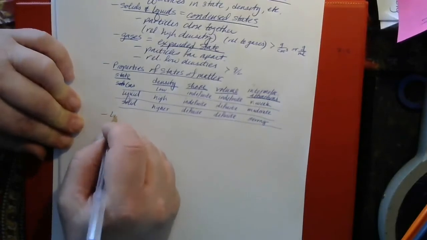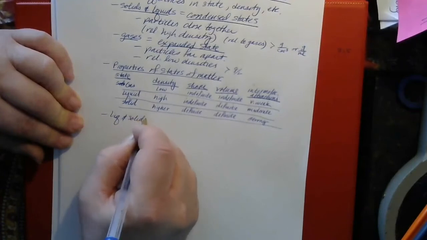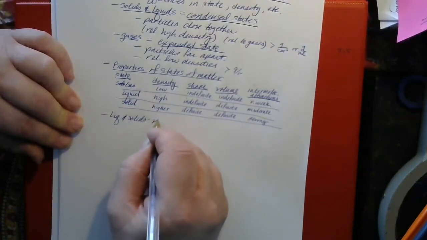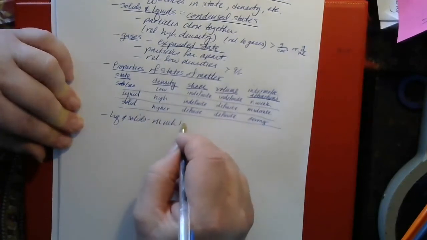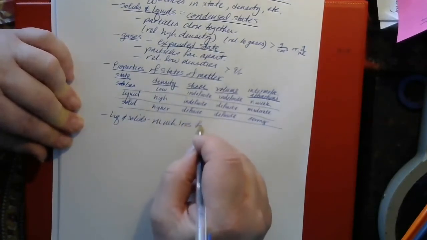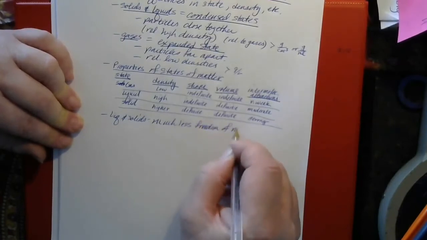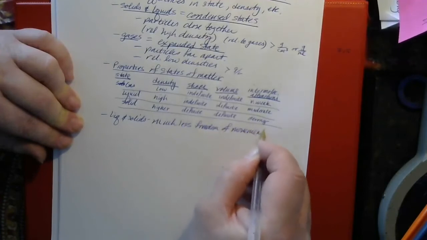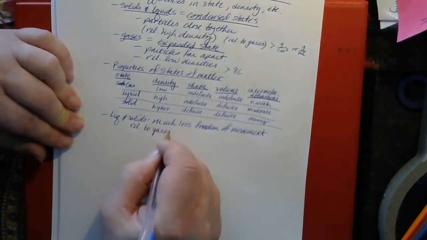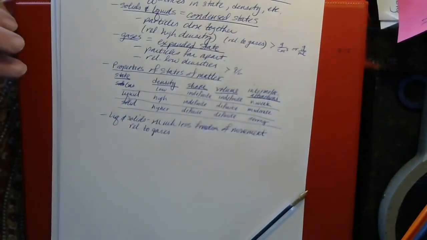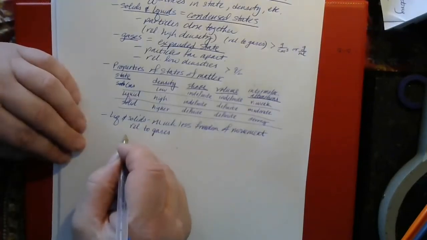Okay, so liquids and solids, because of their stronger intermolecular attractions, have much less freedom of movement. And that's due to the stronger intermolecular forces.